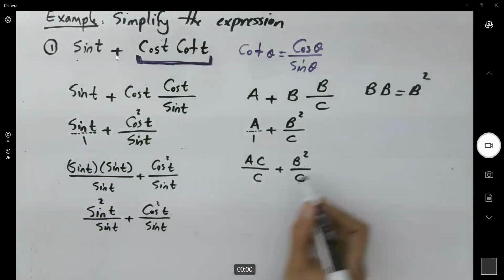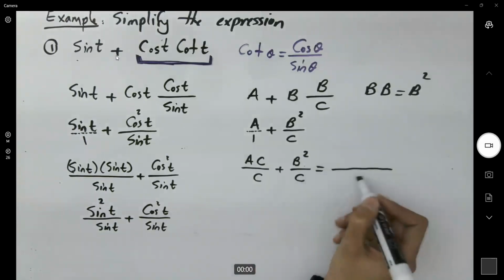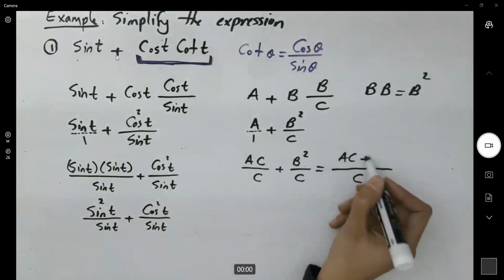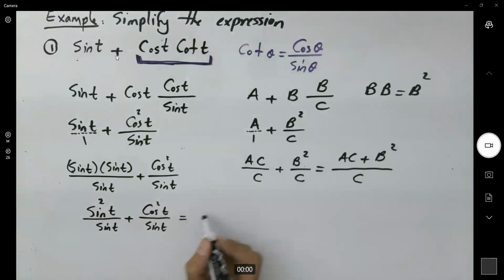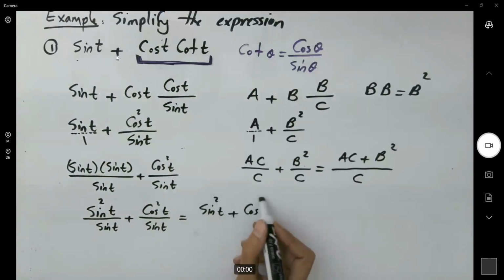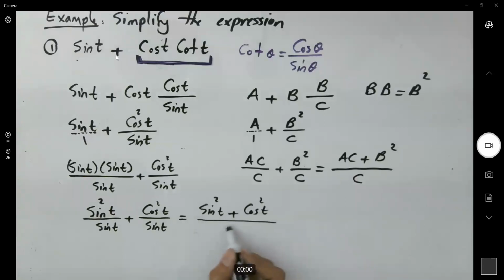Hey, they have the same denominator. So I can write down one denominator and write the numerators next to each other. This becomes sine squared of t plus cosine squared of t divided by sine t. From the trig identity, this is just 1.